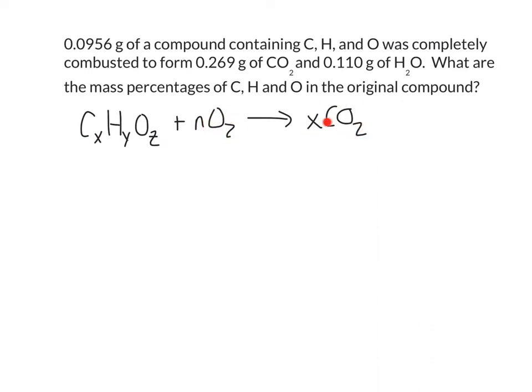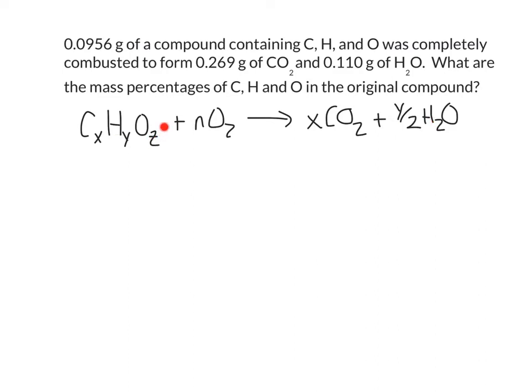So we get one CO2 for every carbon. That balances this reaction. And we are going to make Y divided by 2 H2O, because we need two hydrogens to combine with one oxygen. If we have two hydrogens, Y divided by 2 times 2 gives me the Y hydrogens that I had over here.